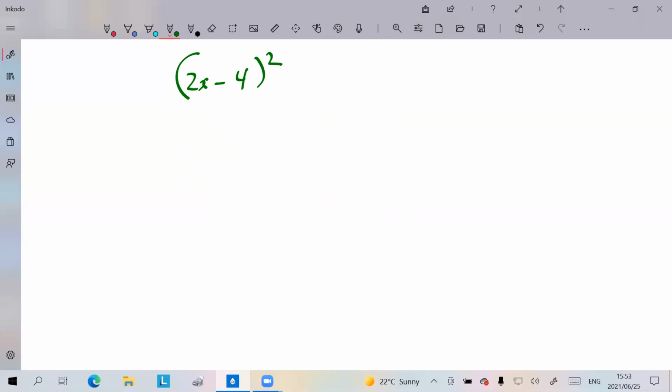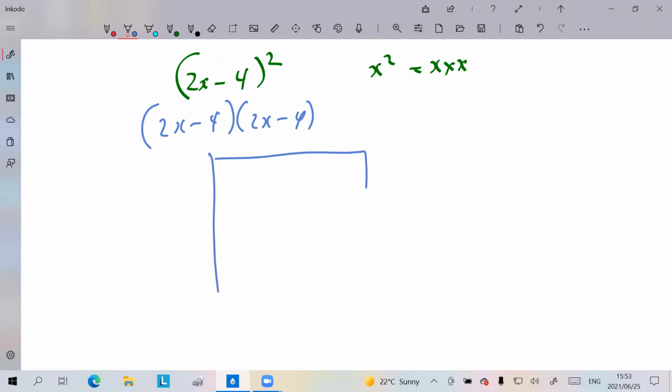And we should know that x squared is equal to x times x. So what this means is 2x minus 4, and you repeat it, 2x minus 4. That's what it means. Which means now I can go back to my table.